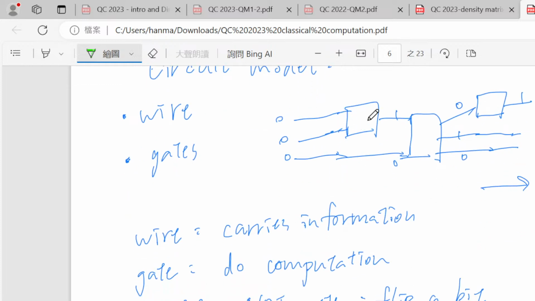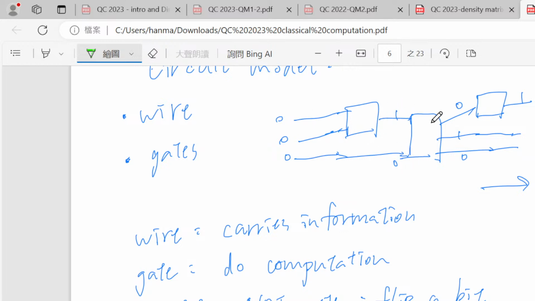The gate will have some input wires and some output wires. And the gate will have some truth table, and it will say the input is something, it will output something, and then it will pass it along. So for example, here the input is 0, 0, 0, and this gate will say the output is 1.